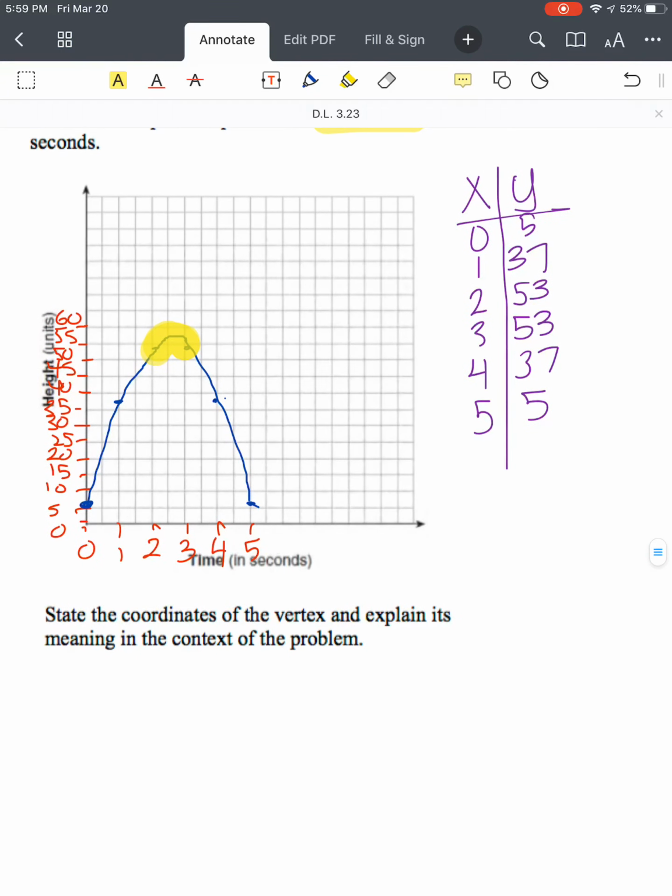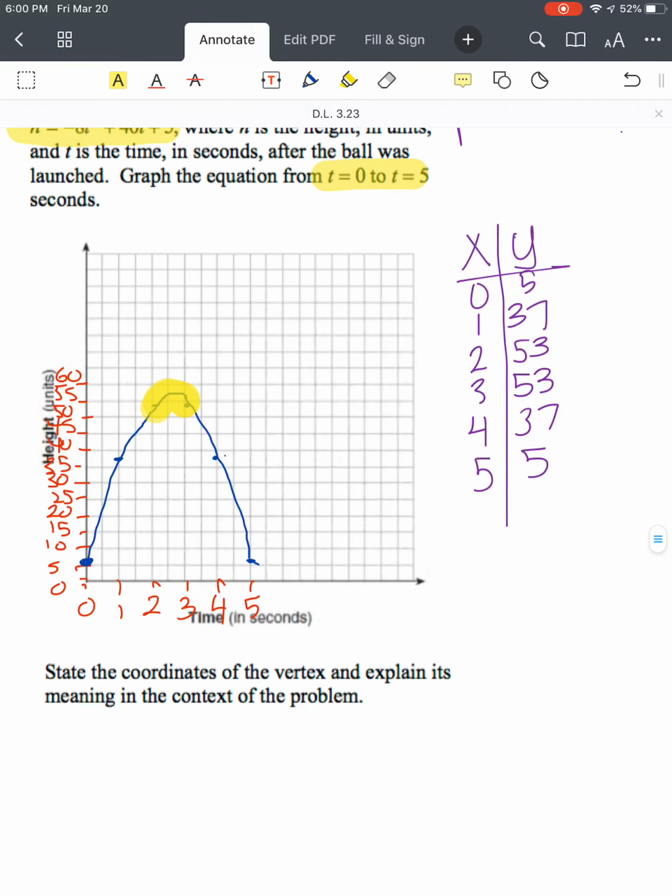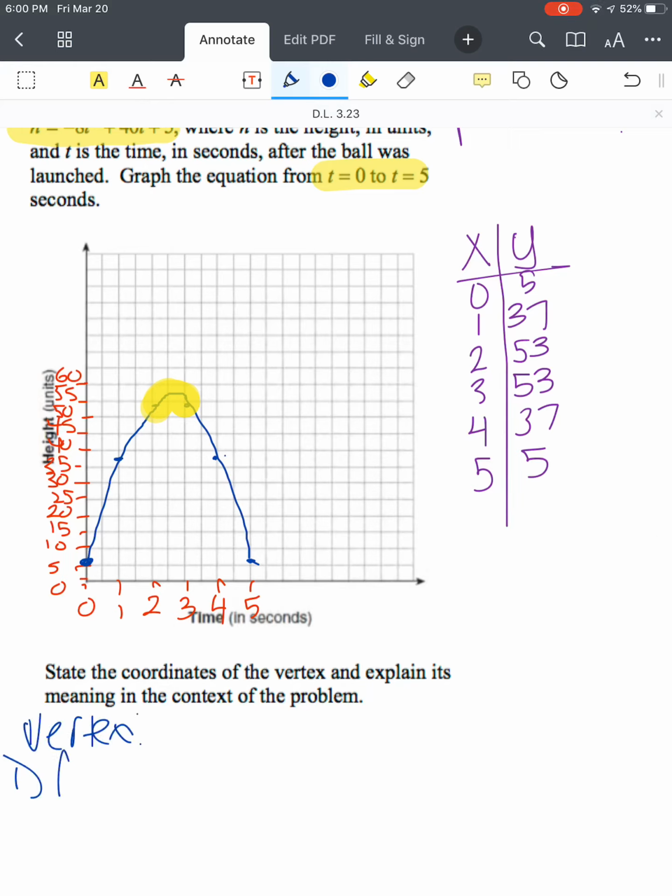And then it says state the coordinates of the vertex and explain its meaning in the context of the problem. Okay. Well, we know how we need to find the vertex. To find the vertex, it's really a two-step process. We find the axis of symmetry, and then we find the y value that goes along with it.